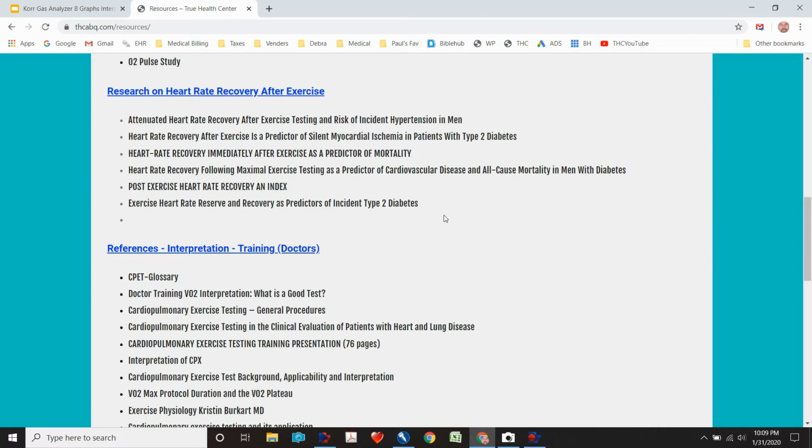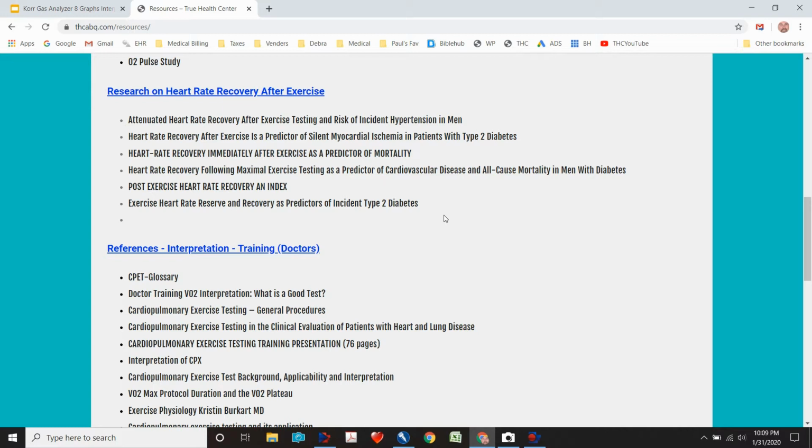Number 3, heart rate recovery immediately after exercise as a predictor of mortality. Number 4, heart rate recovery following maximal exercise testing as a predictor of cardiovascular disease and all-cause mortality in men with diabetes. Number 4, post-exercise heart rate recovery and index.